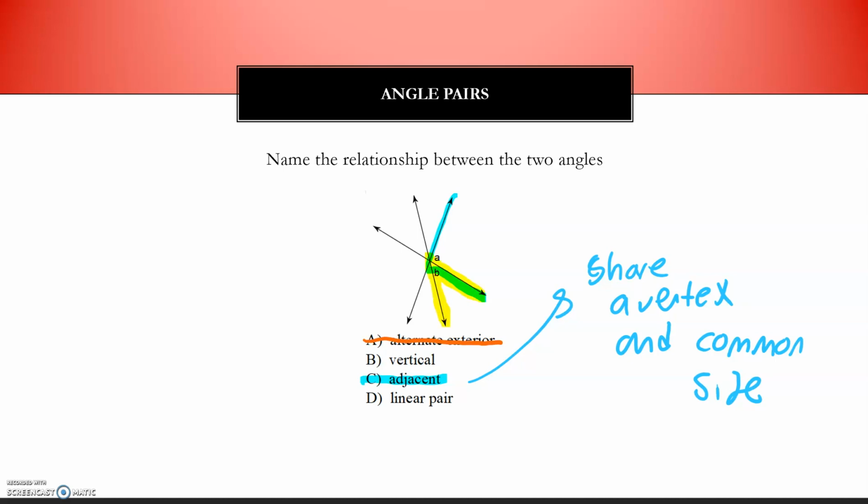We see that they share the same vertex, right, where the two sides come together, and they share that side that now has turned green. They are adjacent. Both of those things have to be true. They have to share both a vertex and a common side to be considered adjacent.